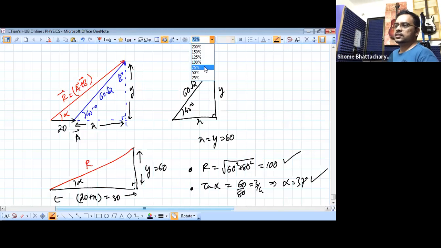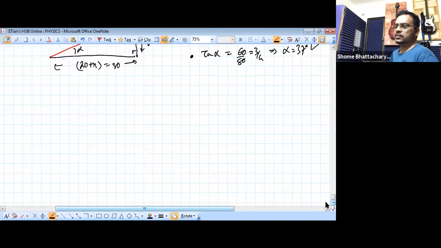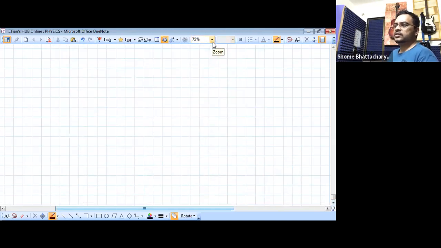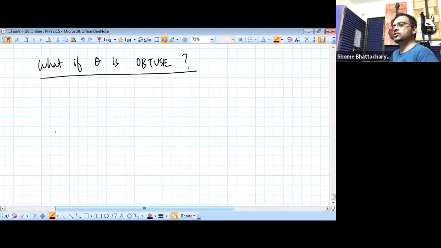Now the next thing we'll see, just take a few more minutes, okay? So the tricky thing for us now is going to be, what if theta is obtuse? Okay. Let's look at an example first. So suppose we have magnitude of A is, let us say, 20.